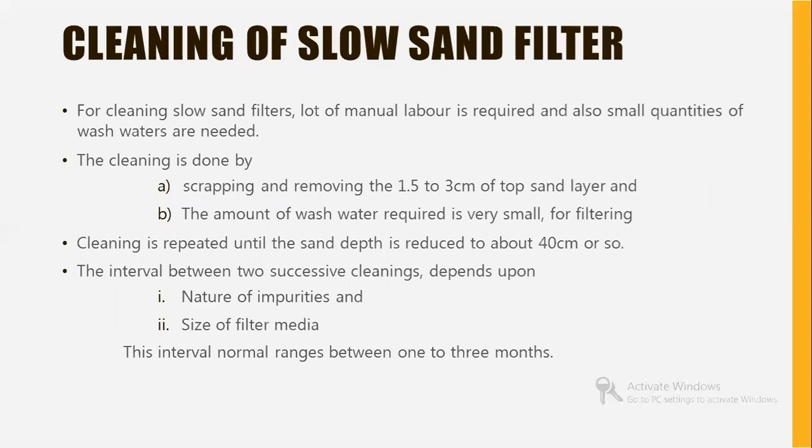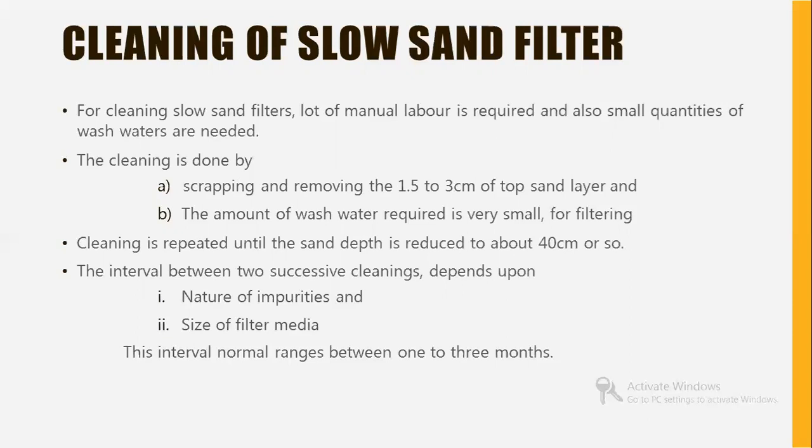Cleaning of slow sand filter. For cleaning, a lot of manual labor is required and also small quantities of wash water are needed. The cleaning is done by scraping and removing the 1.5 to 3 cm of top sand layer. The amount of wash water required is very small for filtering.